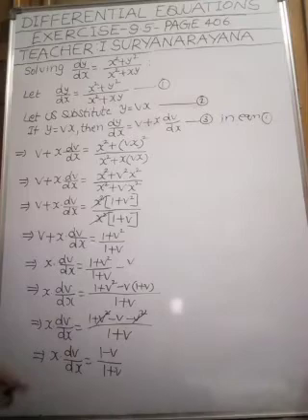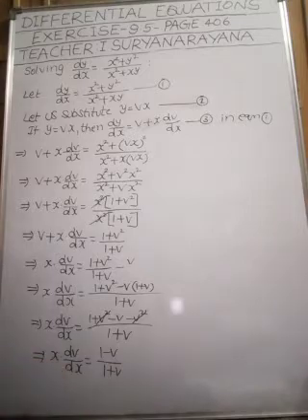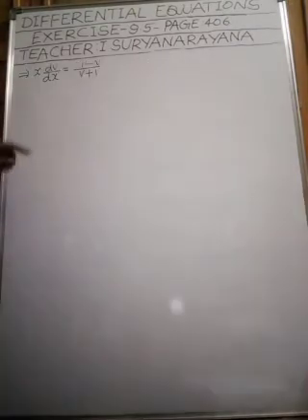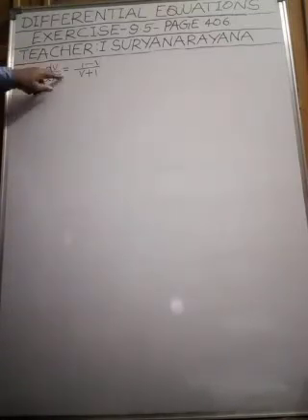Separating the variables. Okay, my children? Hereafter, we use that knowledge of separating the variables. Okay, my children? Right. So, I wrote here the previous step again. So, x dv by dx is equal to 1 minus v by 1 plus v.